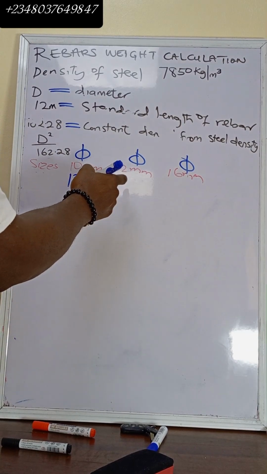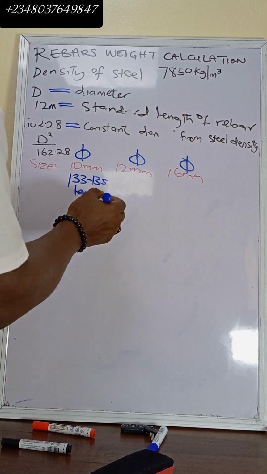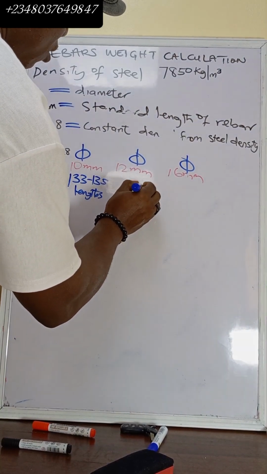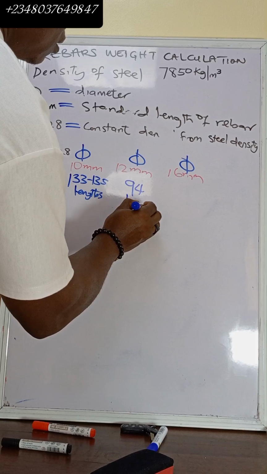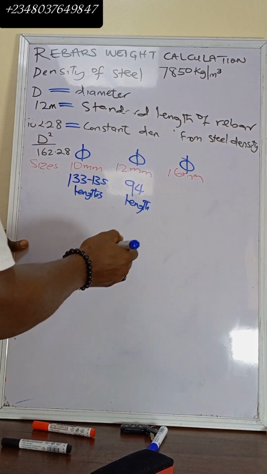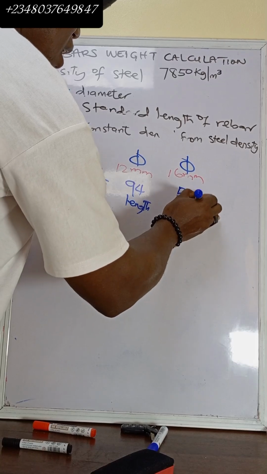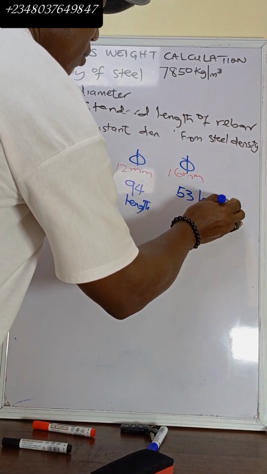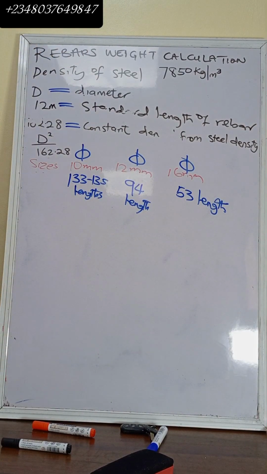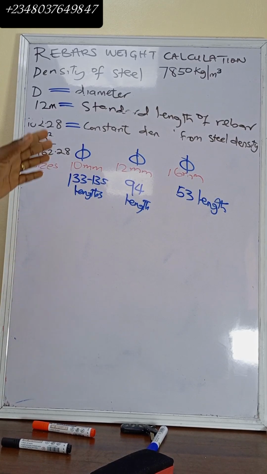For 12 mm, what will be delivered to us is 94 length. And for 16 mm, we will get 53 length. So these are the quantities of reinforcement in 1 ton for all these diameters of rebars.